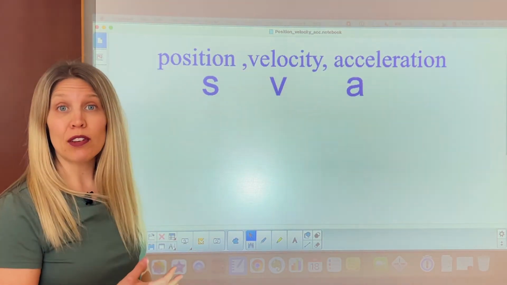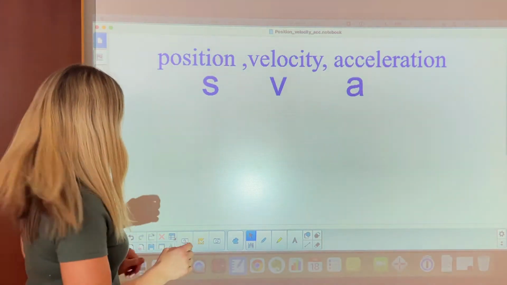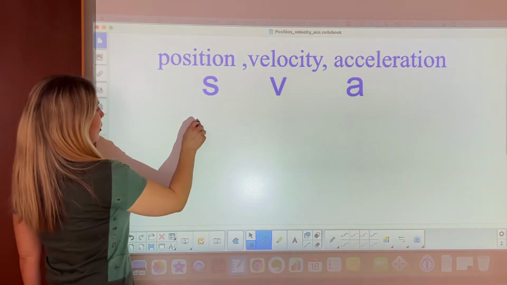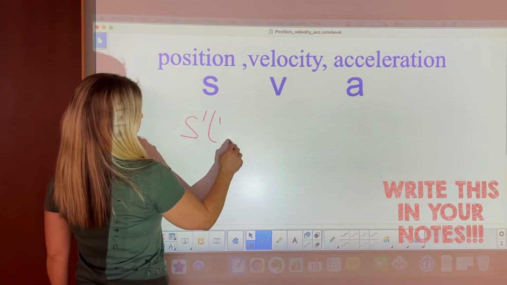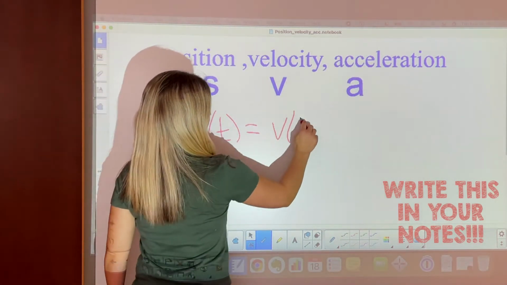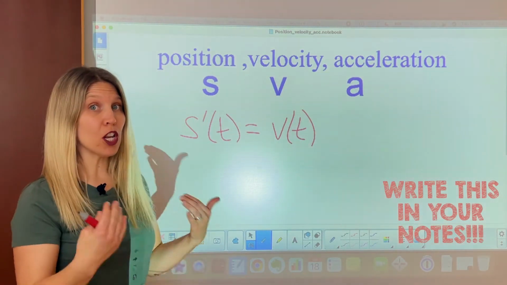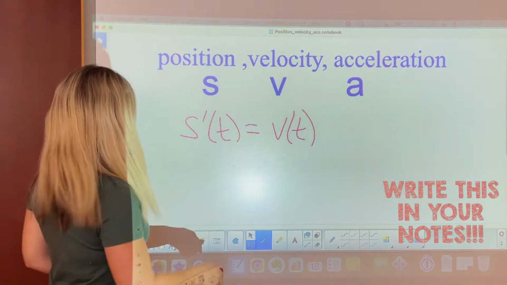Position is your S variable, velocity is your V, and your A is your acceleration. And I think you remember that when you take the derivative of position, you get velocity. So hopefully that goes to show if you undo them, you will get the opposite.